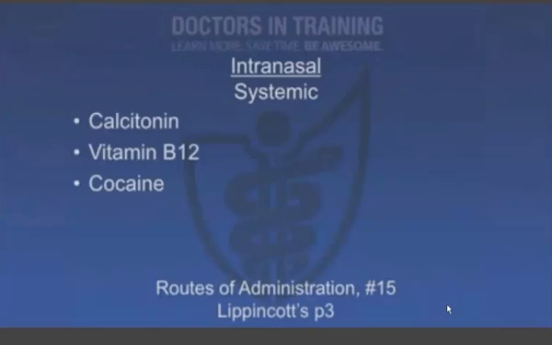There's a lot of vascular supply in the nasal mucosa, and if you give a drug that is absorbed in that vasculature, such as calcitonin for osteoporosis, or vitamin B12 as an intranasal nose spray that you give once a week. You also obviously can think of cocaine as a drug that's often used intranasally.